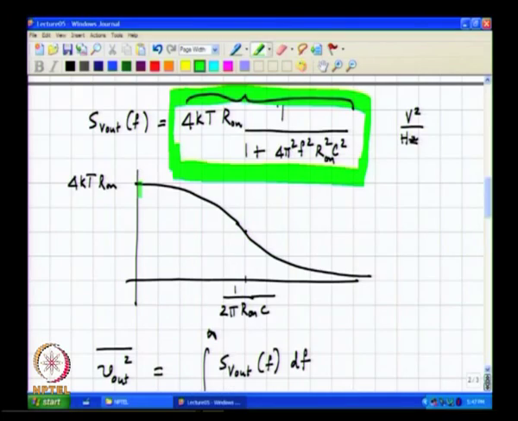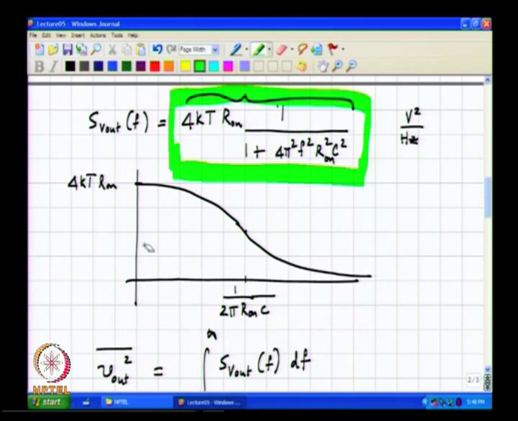In other words, the mean square value is simply the integral of the noise spectral density across all frequencies, which means that this is simply the area under this curve. So, if I reduce resistance, what is happening? Two things are happening.